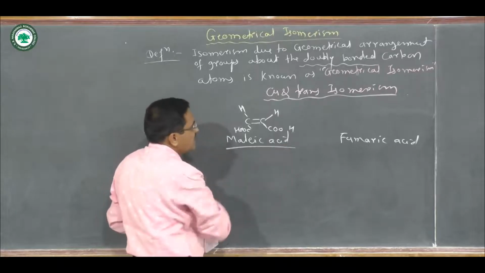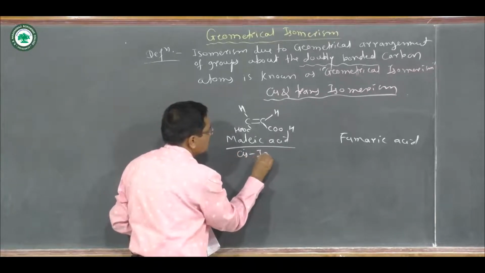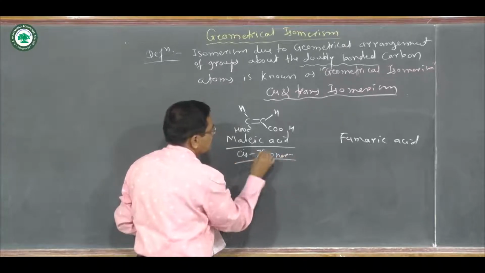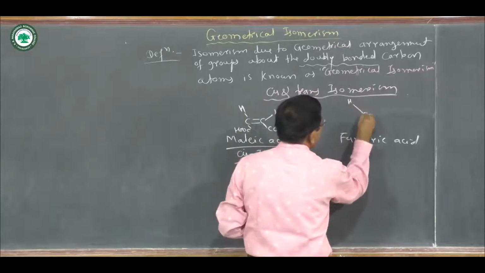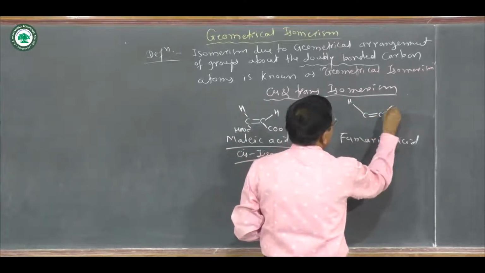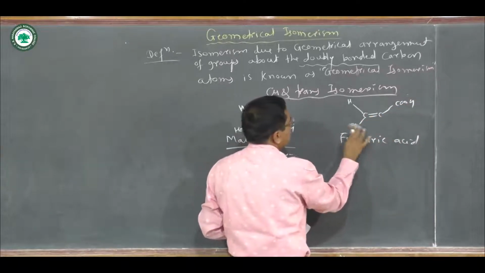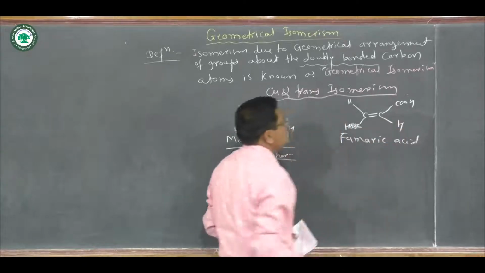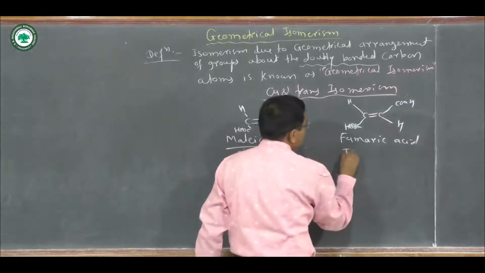Such isomers are called cis isomers. At the same time, when the same groups, like carboxylic acid and hydrogen, are on the opposite side, then this is called trans isomerism.